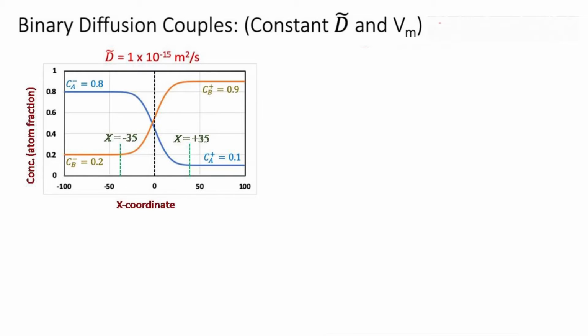The concentration at any position x, let us call it C A, the concentration of component A at x and t, is given by C A plus, which is the concentration of the right side terminal alloy, plus C A minus, which is the concentration of the left side terminal alloy, minus C A plus, divided by 2, times 1 minus error function of x over 2 root d tilde t.